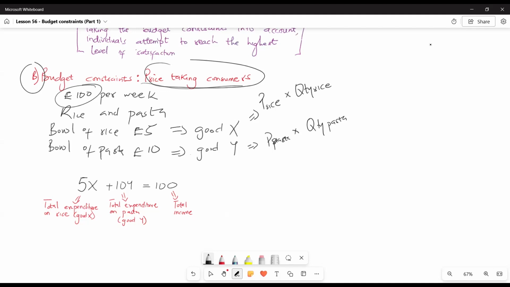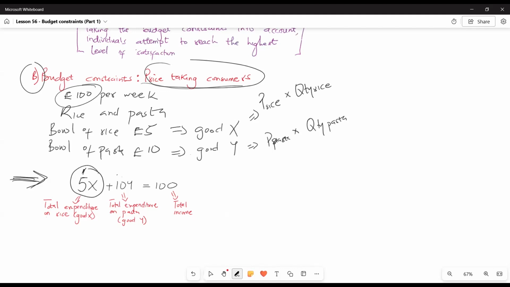So because of this assumption, Ella's expenditure on rice plus her expenditure on pasta has to be equal to her total income per week. So we can represent Ella's budget constraint with this equation here. 5 is simply the price of rice per bowl, and X, which is rice, is the quantity of rice per week that Ella buys. So 5 times X is simply Ella's total expenditure on rice.